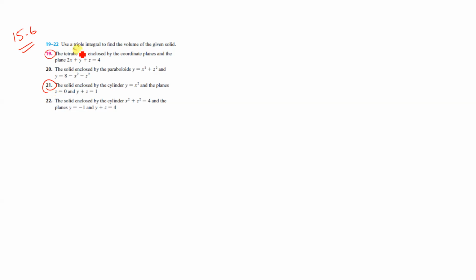So we have to find the volume of the solid using a triple integral, the solid enclosed by the cylinder y is equal to x square, and the planes z is equal to 0, and y plus z is equal to 1. So for this, first of all, write the formula for volume, that is we have to integrate 1 over this region E, where E is the solid enclosed by the cylinder y is equal to x square, and the planes z is equal to 0, y plus z is equal to 1.